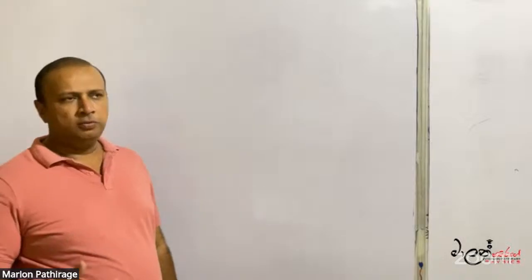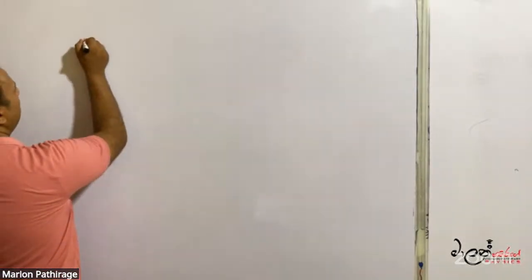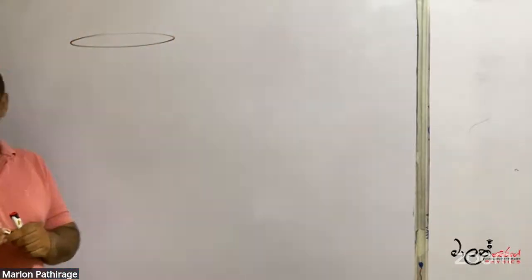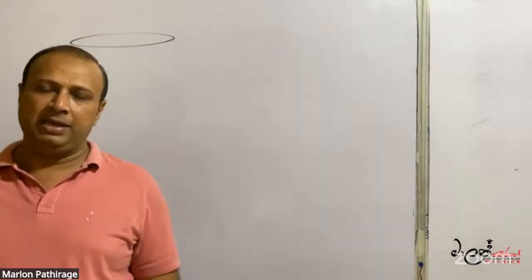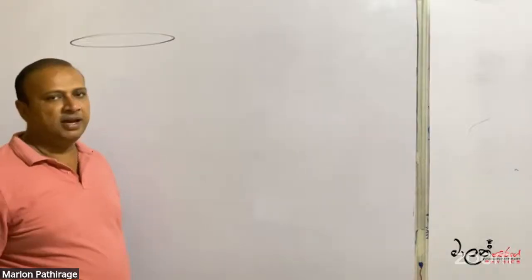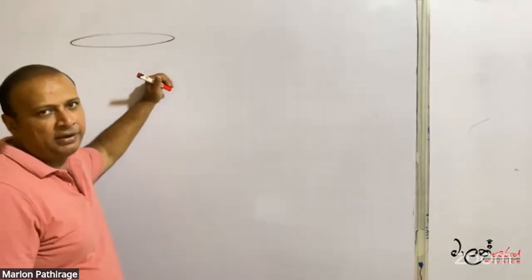So now there is a mass. Now this is a circle. Actually, no need to write anything to get the answer, but I have to explain the answer.